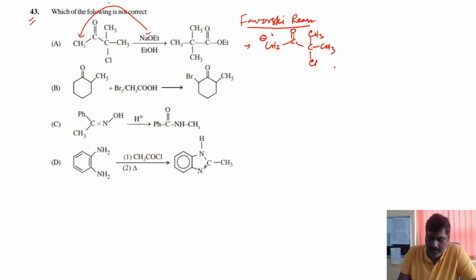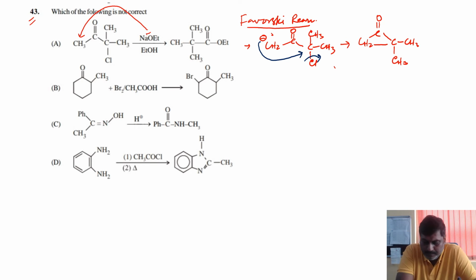Now this negative charge from the other side will attack here and push it out. As a result of this, what we are getting? One cyclic 3-membered ring, CH2 C double bond O, and there the C, CH3, and there the CH3, like this. Okay. Now again EtO minus will attack.